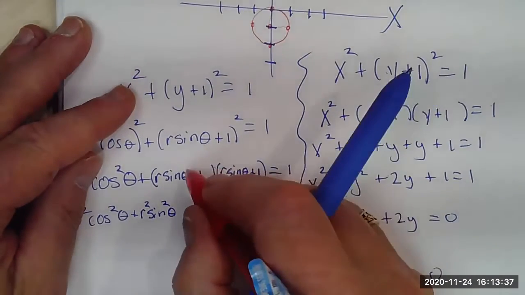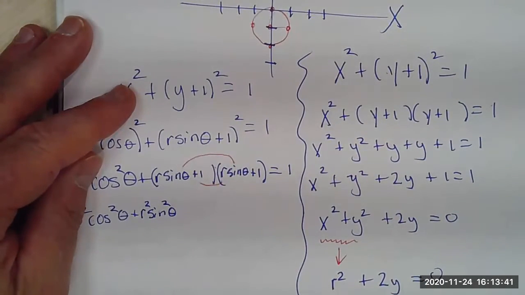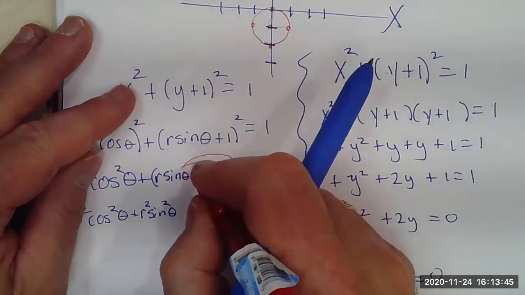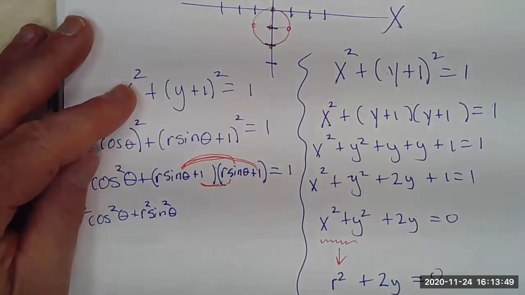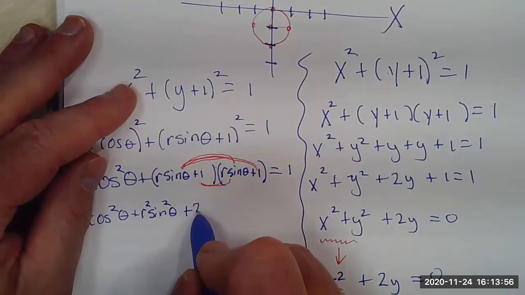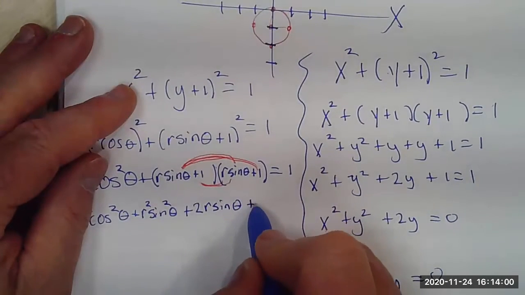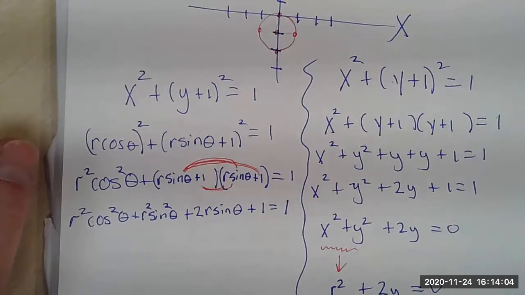Okay, now the outer and inner are like terms. So I have two of those guys. They look the same. The outer and inner are the same, and so 2r sine theta. So plus 2r sine theta, and then plus 1 is equal to 1.